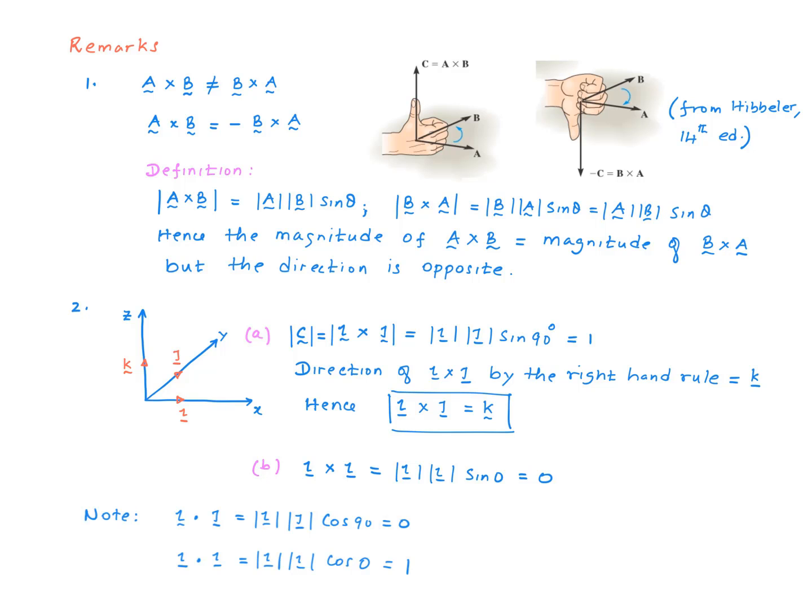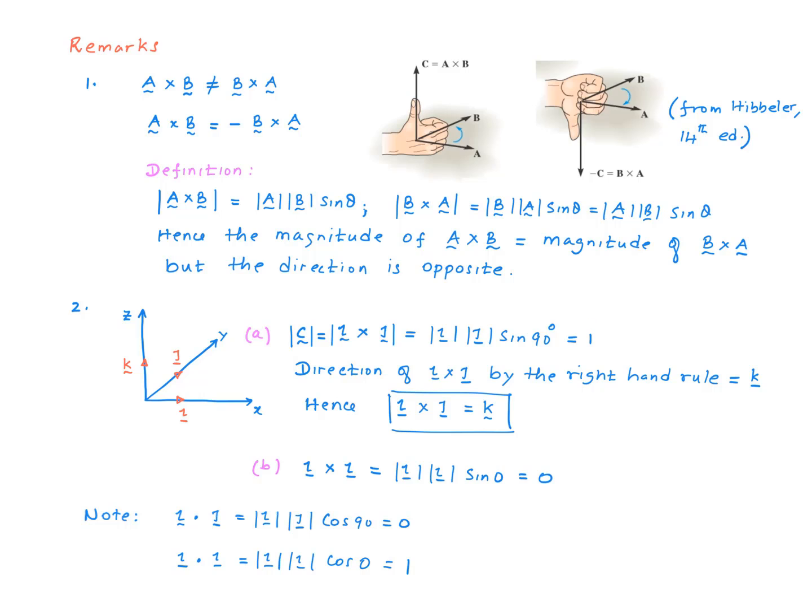Let's compare this relationship with those that we got from the dot product. Remember, i dot j equals magnitude of i times magnitude of j times cosine of the angle between the two vectors, which is 90 degrees, right? But cosine 90 is 0, and therefore i dot j is 0, whereas i cross j has a magnitude of 1.